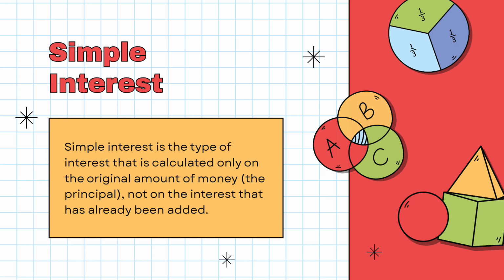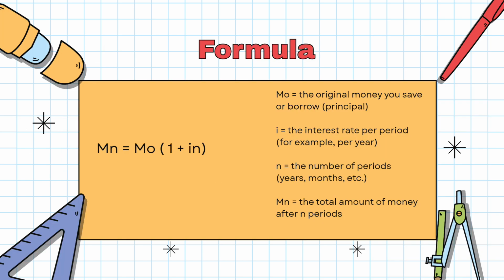Simple interest is the type of interest that is calculated only on the original amount of the money, not on the interest that has already been added. And the formula is Mn equals Mo times (1 plus I times n).